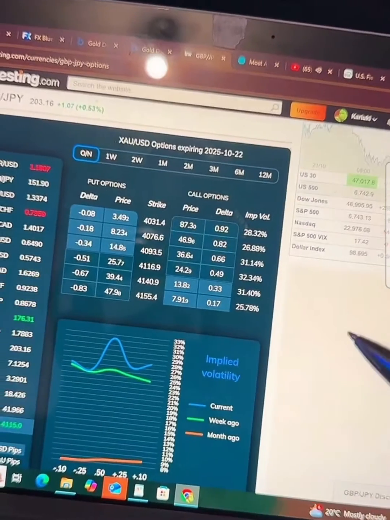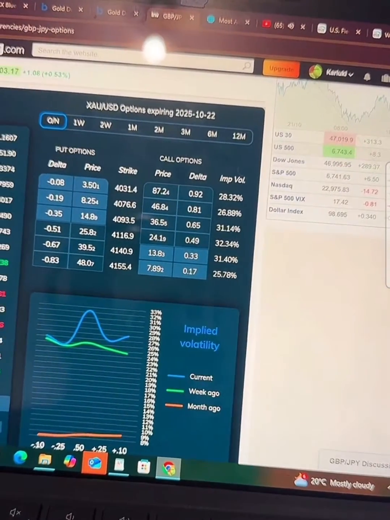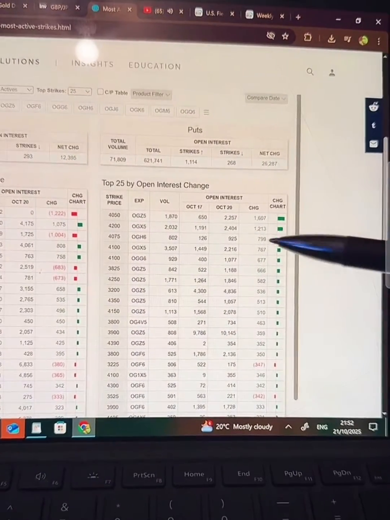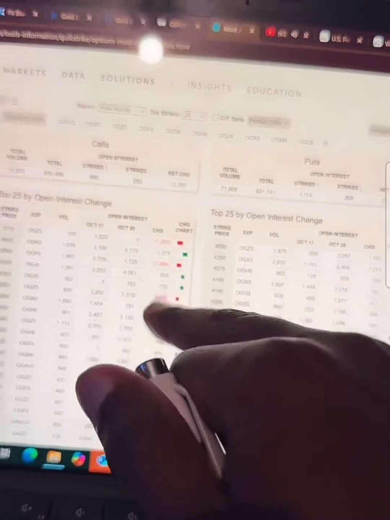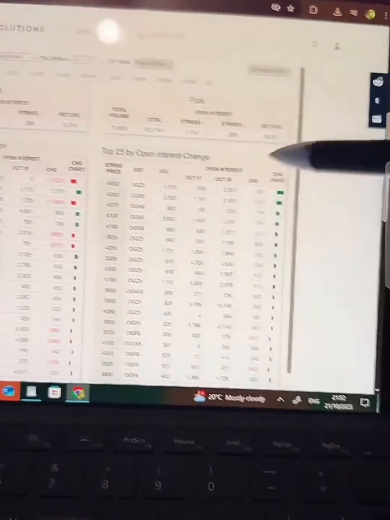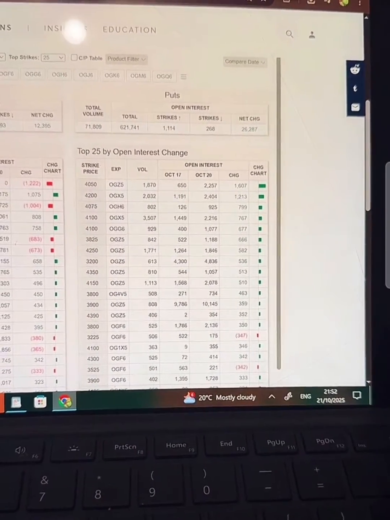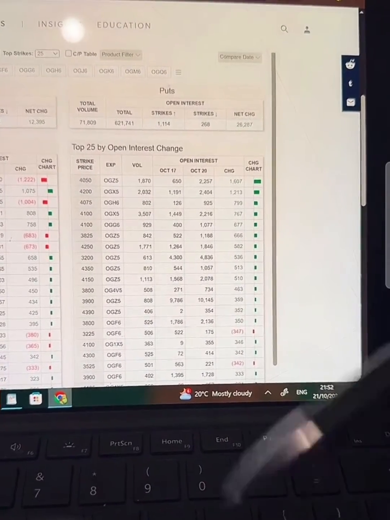If put open interest has increased, you are looking for sales. If call open interest has increased, you are looking for buys. So in this case, you can see put open interest has increased a lot. Call open interest has reduced, the red, and puts have increased, green. That means they were betting more on sales between date 17 and date 20 yesterday.